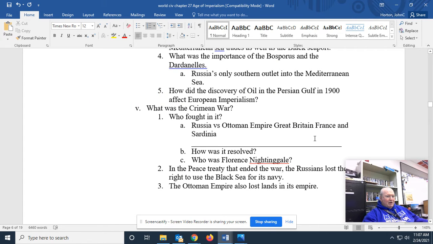How was it resolved? Well, Russia got beat like they stole something. They lost big time, although it was not an especially well fought war. I mean, there were lots and lots of casualties that were probably useless.